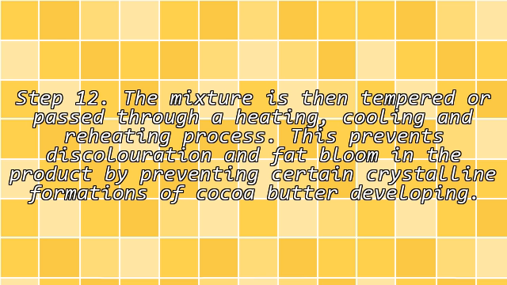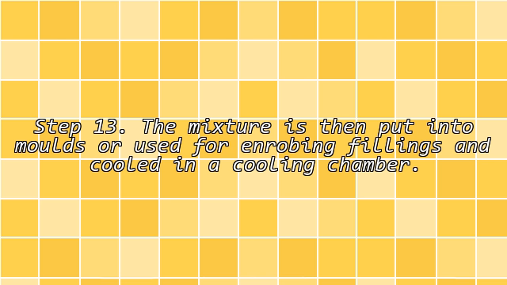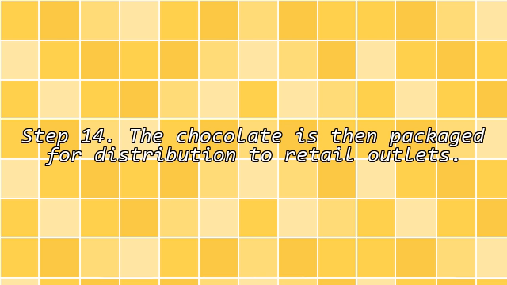This prevents discoloration and fat bloom in the product by preventing certain crystalline formations of cocoa butter developing. Step 13. The mixture is then put into molds, or used for enrobing fillings, and cooled in a cooling chamber. Step 14. The chocolate is then packaged for distribution to retail outlets.